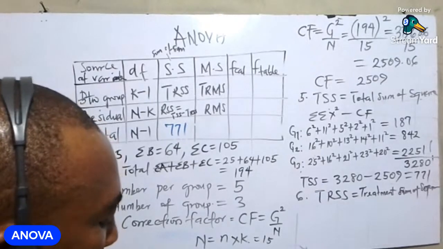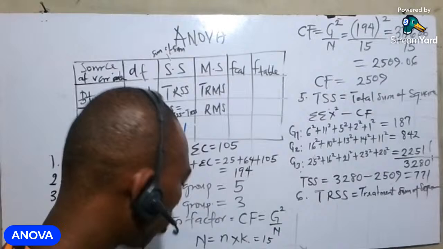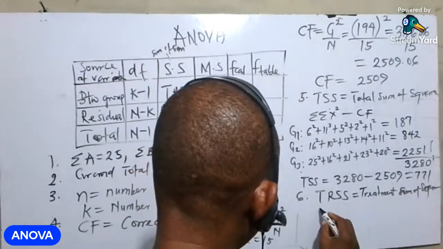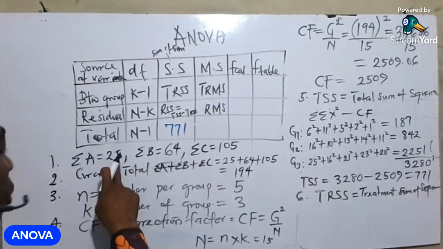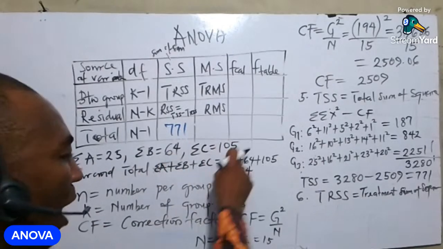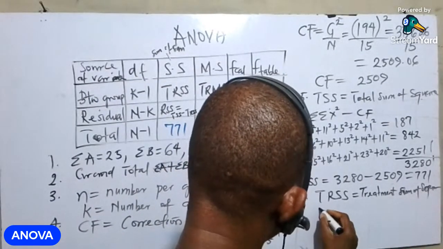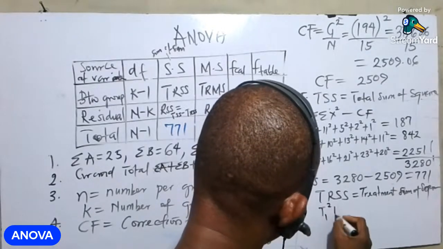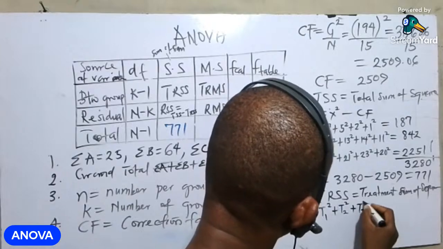So how do you get your treatment sum of the square? We say is equals the square of the sum of this, plus square of the sum of this, plus square of the sum of this. So that is the grand total for group 1, square it, plus grand total for group 2, square it, plus grand total for group 3 and square it.